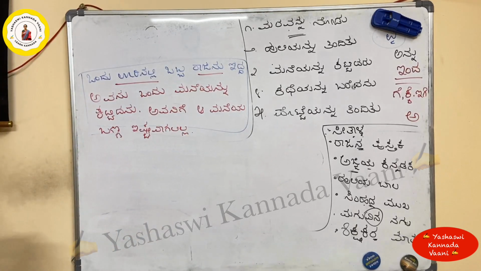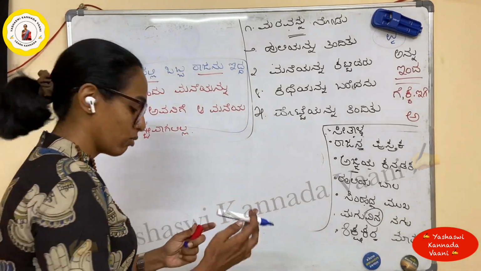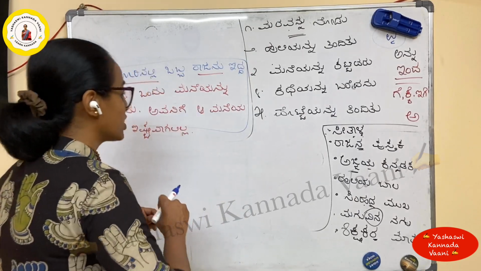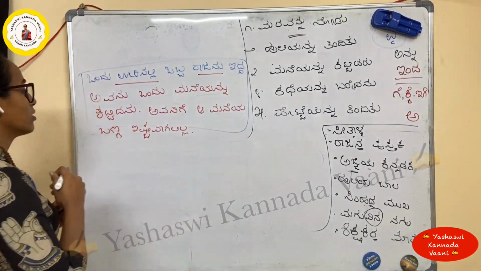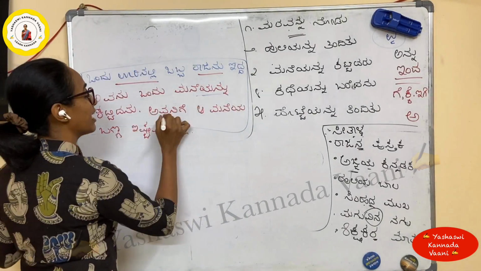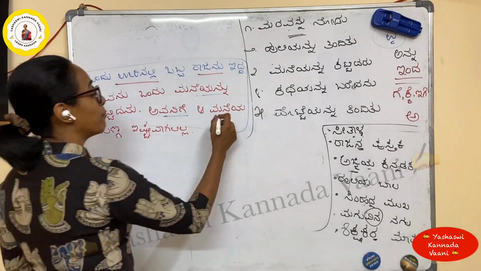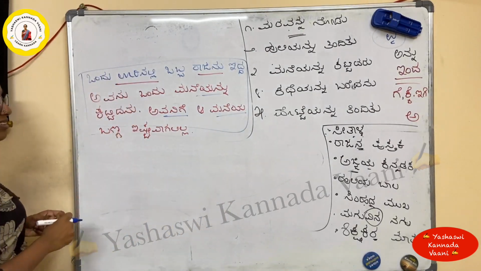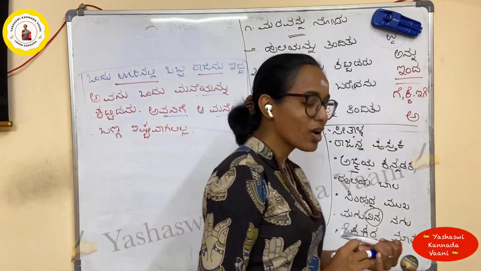So now, ಮನೆಯನ್ನು is a ದ್ವಿತೀಯ ವಿಭಕ್ತಿ, ಅನ್ನು. ಅವನಿಗೆ, ಇಗೆ, ಚತುರ್ಥಿ ವಿಭಕ್ತಿ. ಮನೆಯ, ಷಷ್ಠಿ ವಿಭಕ್ತಿ. Clear? So this is how we will find out.